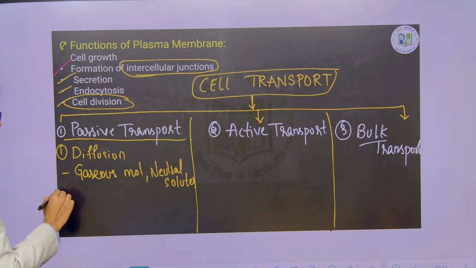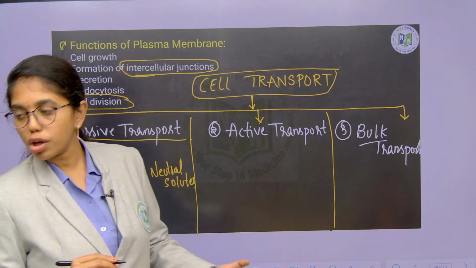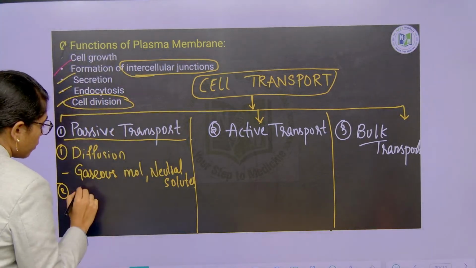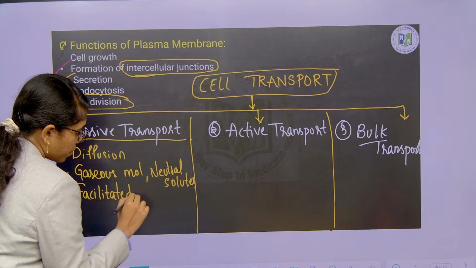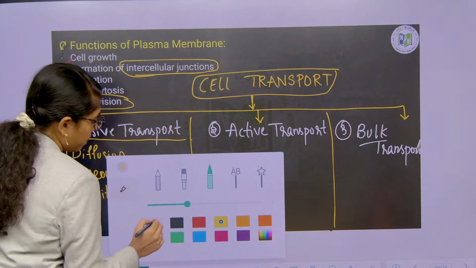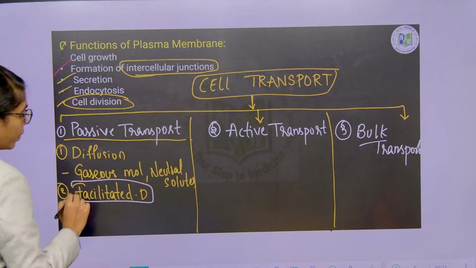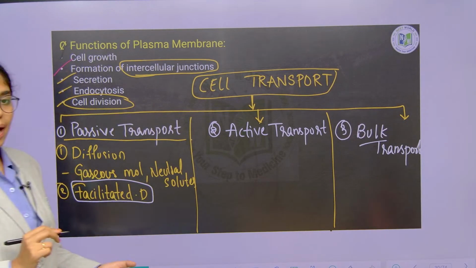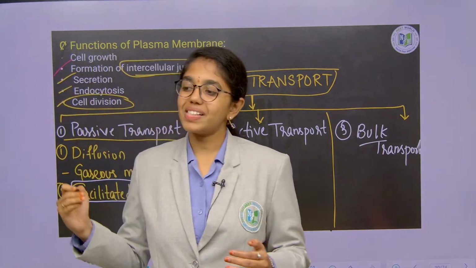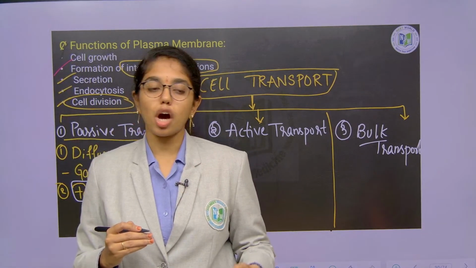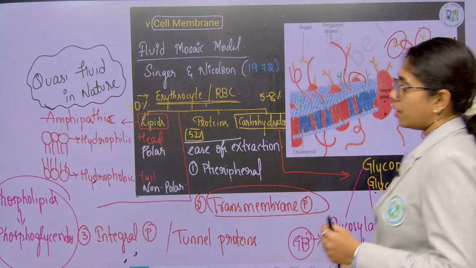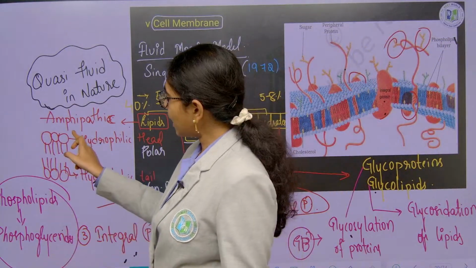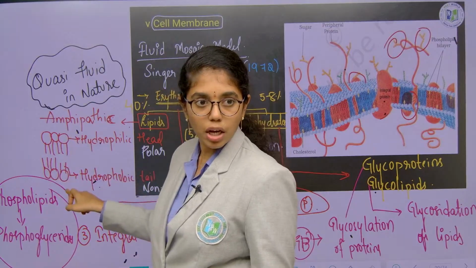Second is facilitated diffusion. This happens for polar molecules or water molecules. The transport of polar molecules or water molecules is facilitated via carrier proteins or channel proteins, because it has to travel across the non-polar tail. A polar molecule gets adjoined here, but it has to travel all across the non-polar tail.